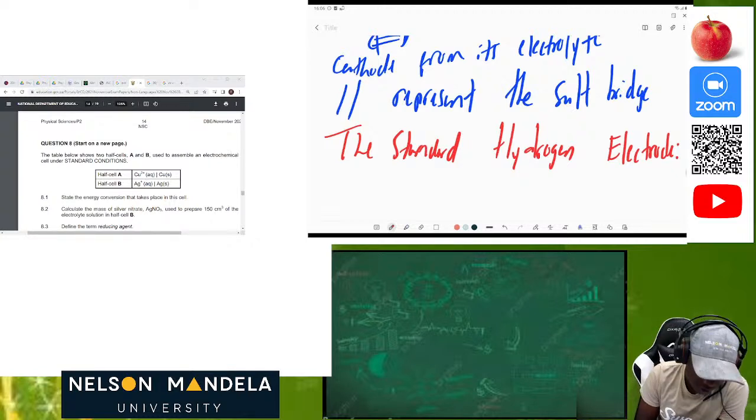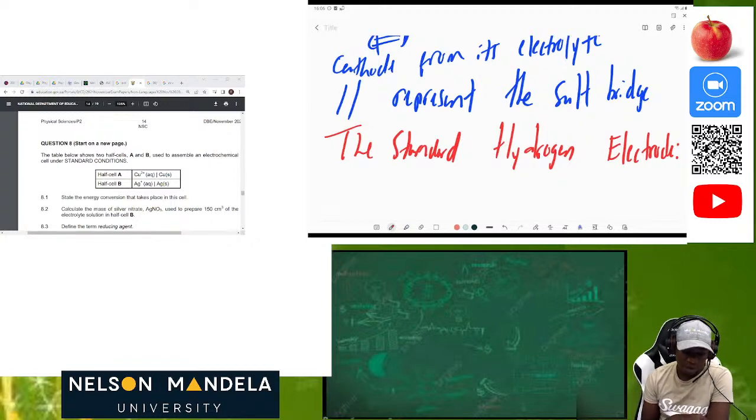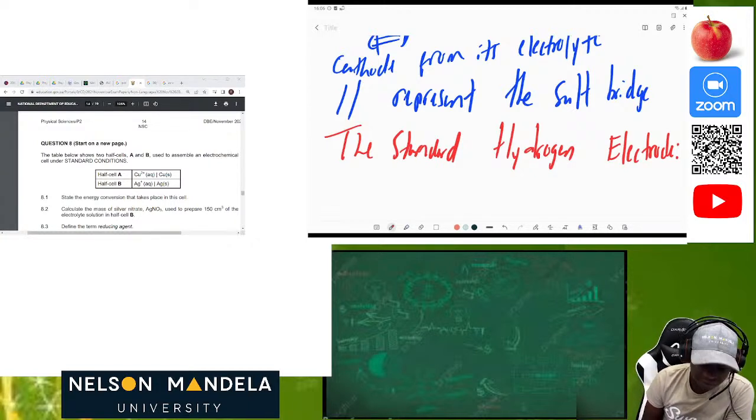What is important is to understand that it consists of a glass tube through which hydrogen gas is bubbled over the platinum electrode, so that the hydrogen becomes absorbed on the surface of the platinum to enable it to react with its solution. So the platinum also carries the current into the solution.